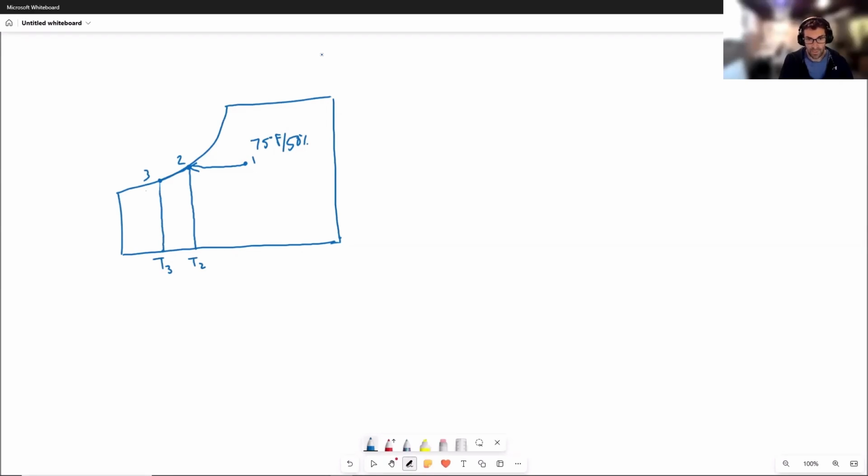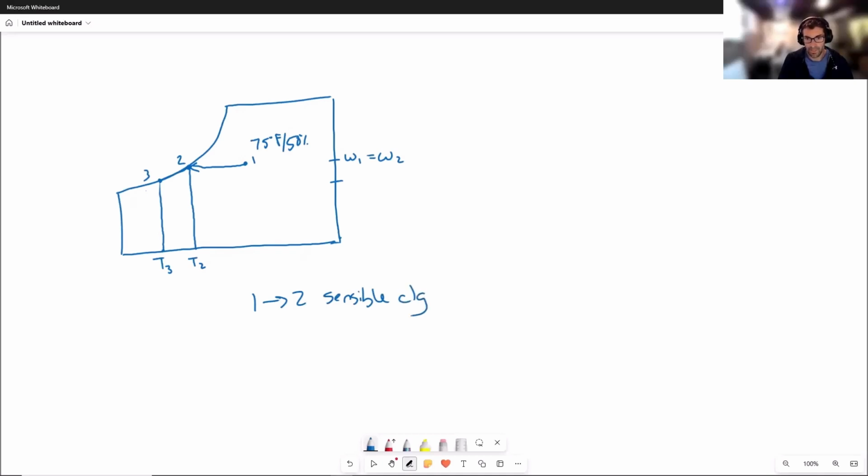And now we have a lower dew point as well, because the dew point temperature is T2 for state 2 and it's T3 for state 3. That's why it's useful to use the vertical axis as well, where we're able to define the humidity ratio at 1, which is the same as the humidity ratio at 2, because we've only done sensible cooling. The process from 1 to 2 is sensible cooling only.